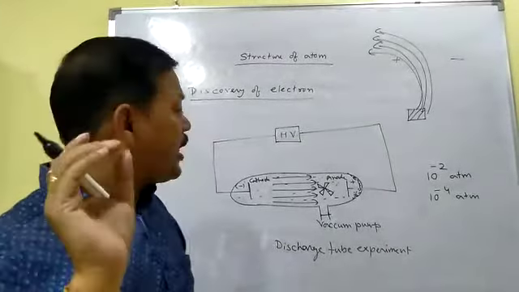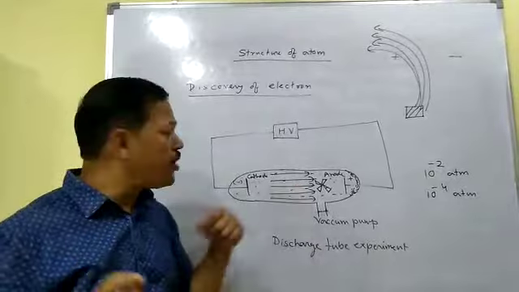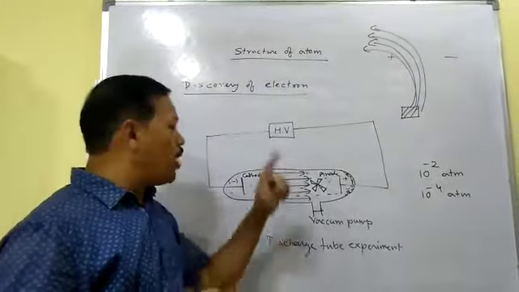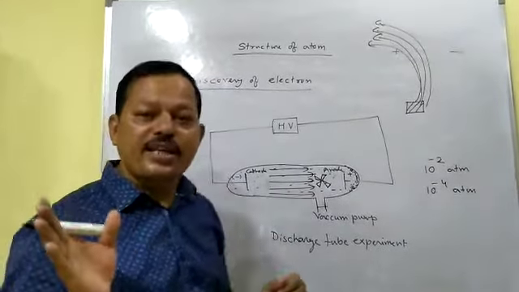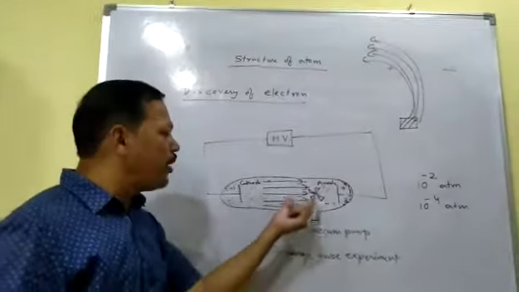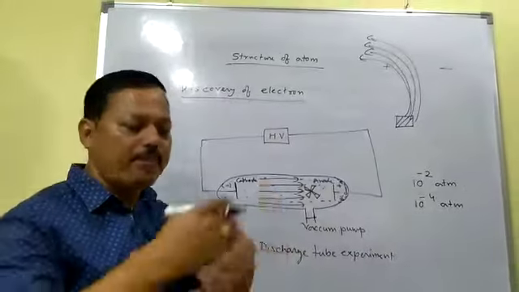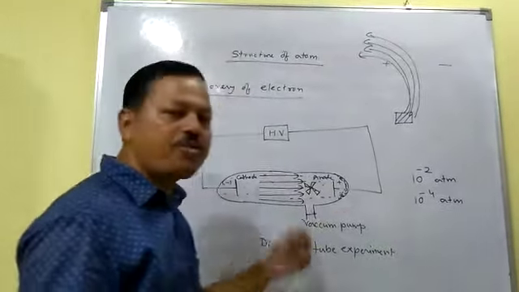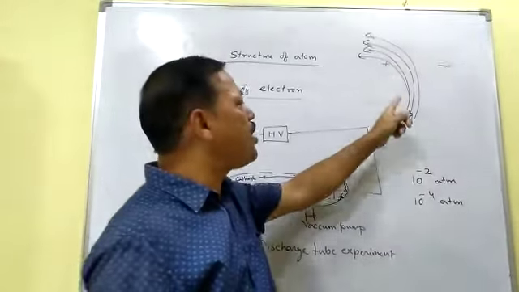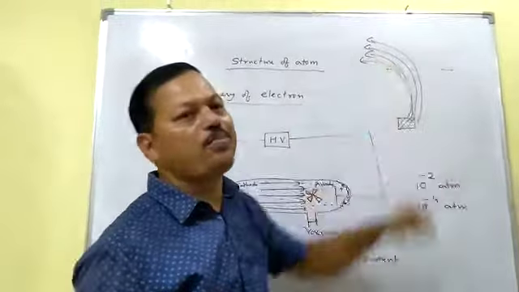So here the important thing is the properties of cathode rays. Why are they called cathode rays? Because these rays come from the cathode. In the experiment, when they strike the paddle wheel and the paddle wheel starts to rotate, that means the cathode rays contain some particles. And when they apply the electric field, it was found that all the cathode rays go towards the positive field.